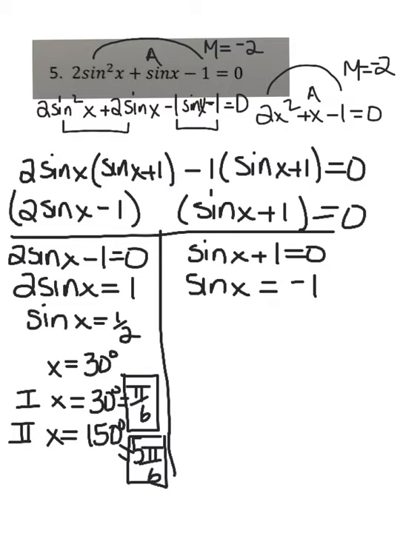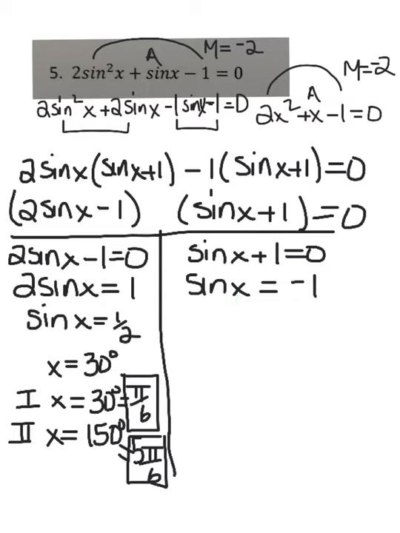Now, looking over on the right-hand side, we see that sine x is equivalent to -1. Now this is not a fraction, so instead of looking at your 30, 45, 60 chart, you want to look at your unit circle. And you're looking for a sine value that's equivalent to -1. Now remember, sine is represented by a y value.